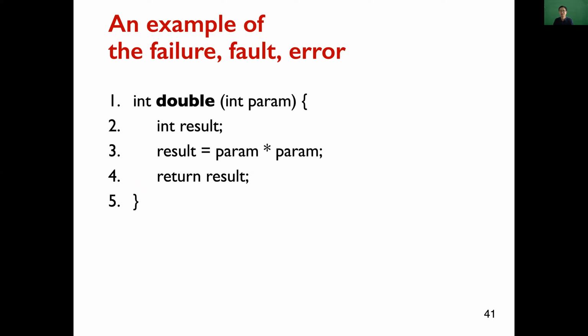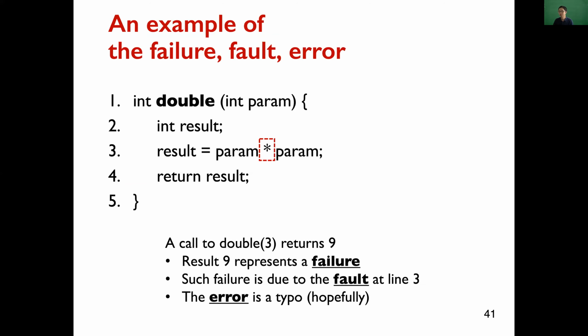But if you look at this example, you see there's a problem. So what is the problem? If you look at line 3, we want to return a double value of the input value, so we should have a plus here instead of a star.